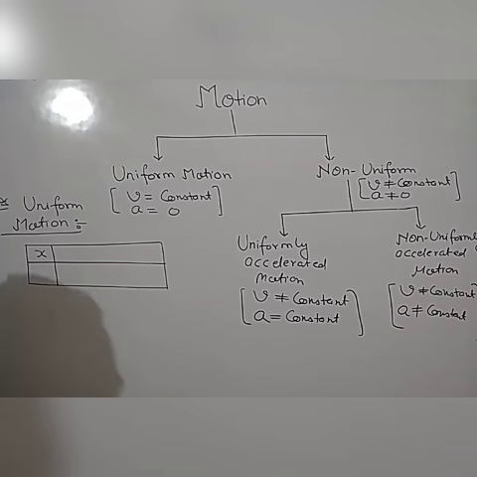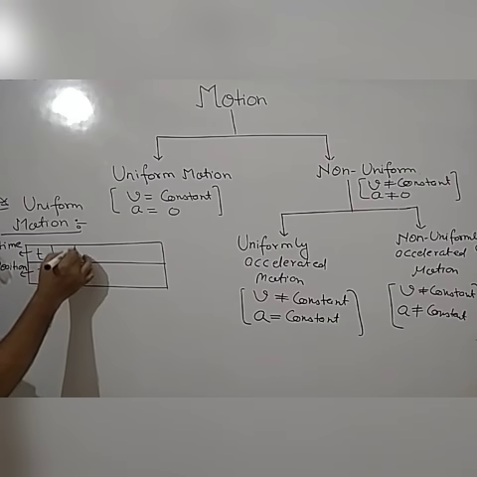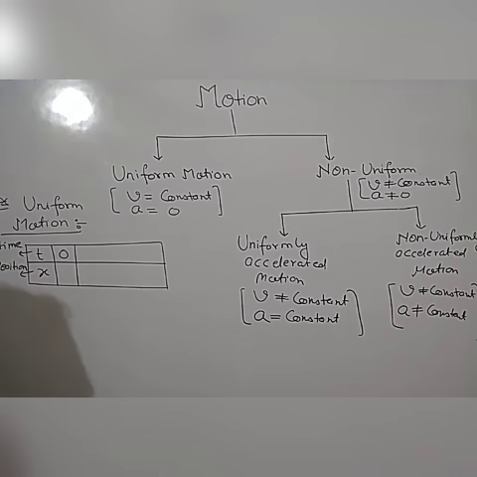Suppose x is position or the displacement and t is time. So if we start the motion at t equal to 0, I am just taking an example, in any given frame of reference, and at t equal to 0, the instant of starting the motion, the displacement or the position was also 0.